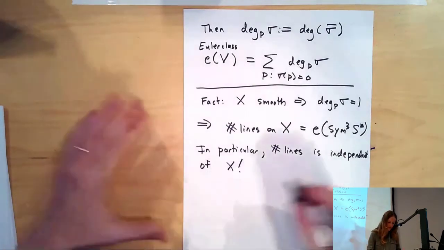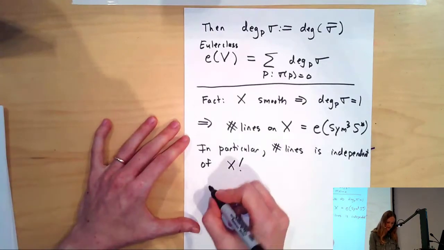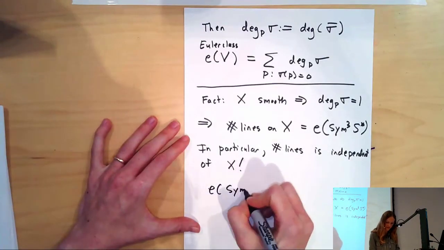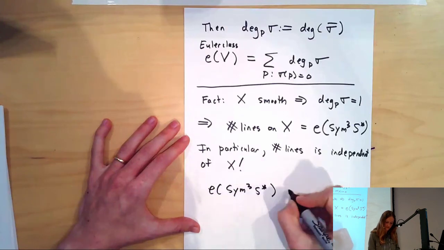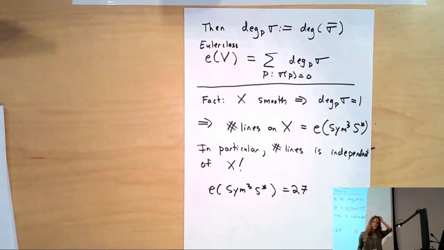So we can conclude in a bunch of ways that, in fact, this Euler number is 27. And that's the proof.